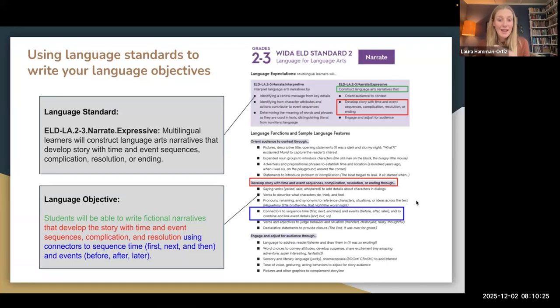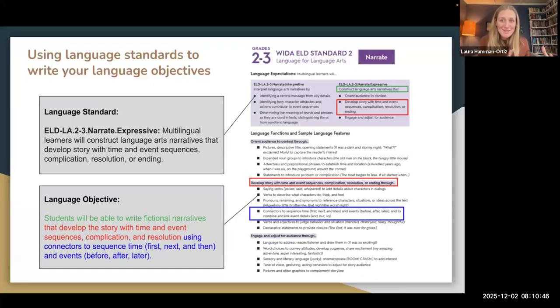So you can see I'm pulling these specific examples from the standards themselves, and now I know what I want to focus on when I'm supporting students in their writing, right? I want to make sure they can develop the story with these different components, and I want to make sure they can use connectors to show the passage of time in their fictional narratives.